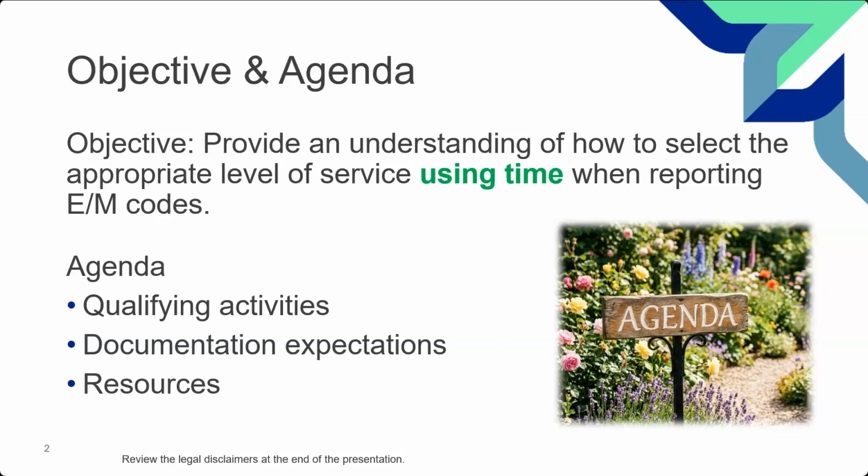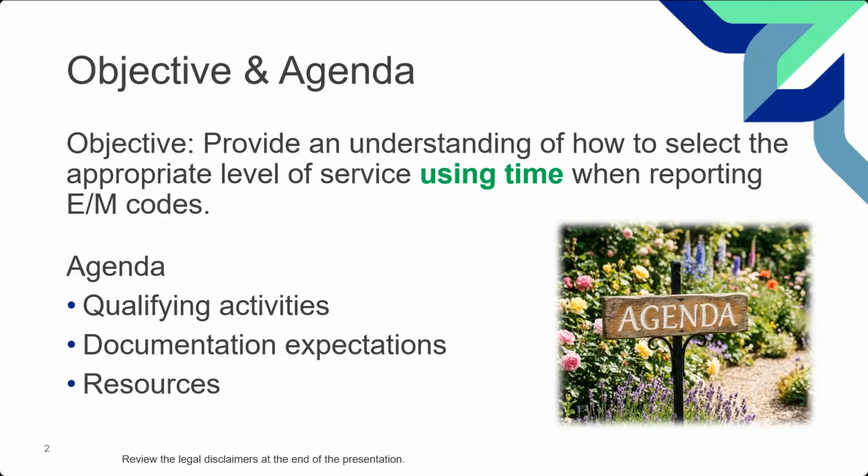Our goal for today's session is to provide you with a better understanding of how to select the appropriate level of service using time spent in the encounter for that patient. It's going to help you choose the appropriate CPT code for the services being reported on the claim. So to achieve that today, we're going to be talking about qualifying activities. We received quite a few questions regarding what counts towards time.